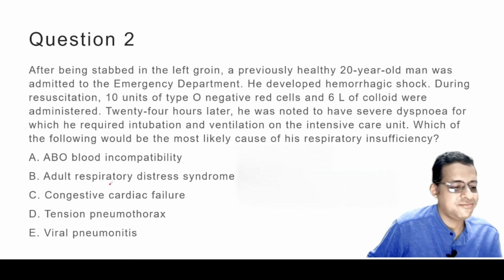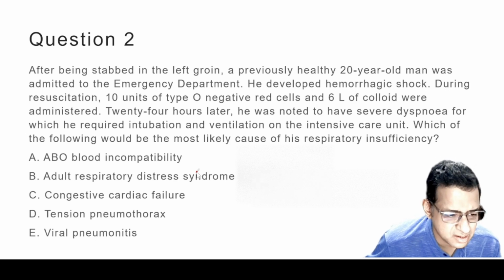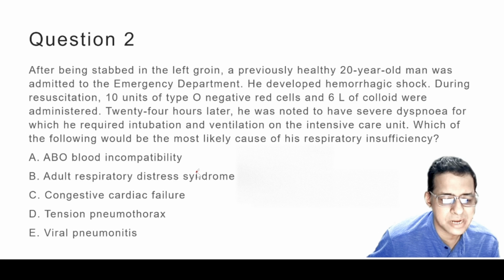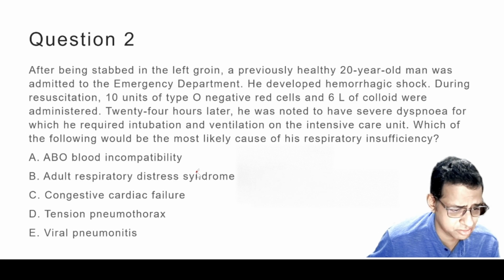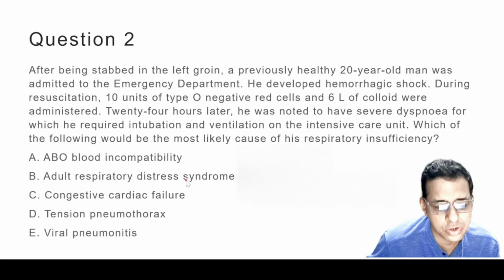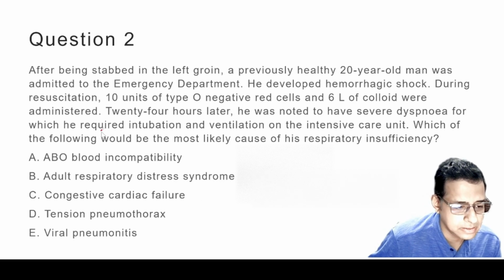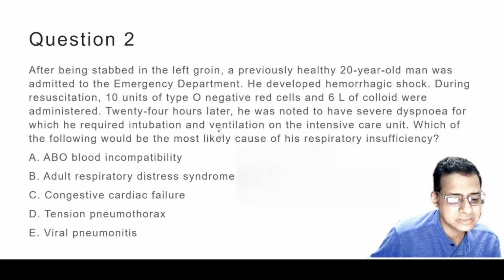Next: after being stabbed in the left groin, a previously healthy 20-year-old man was admitted to the emergency department. He developed hemorrhagic shock during the resuscitation, and 10 units of type O negative red blood cells and 6 liters of colloid were administered. At 24 hours he was noted to have severe dyspnea, for which he required intubation and ventilation on the intensive care unit.